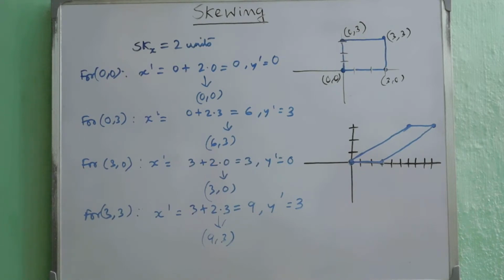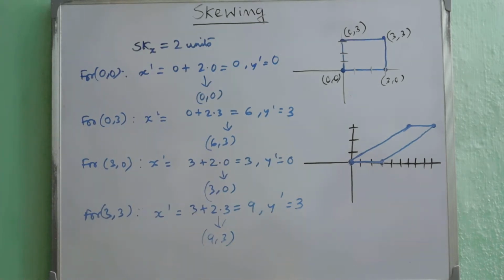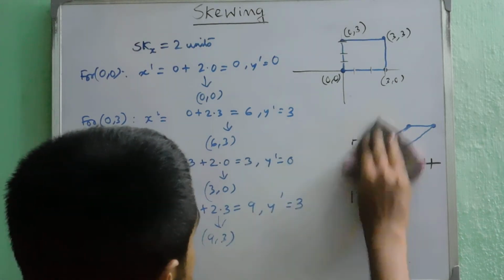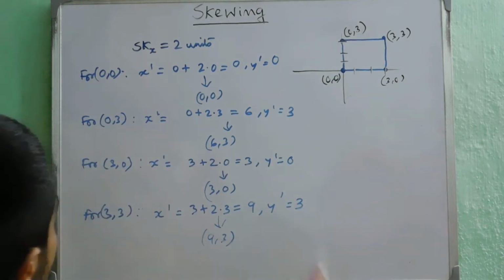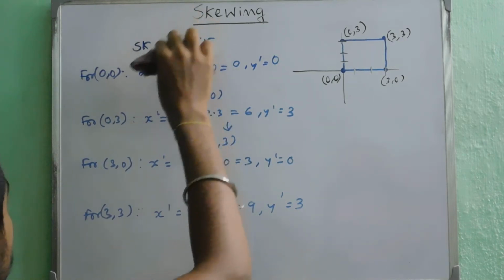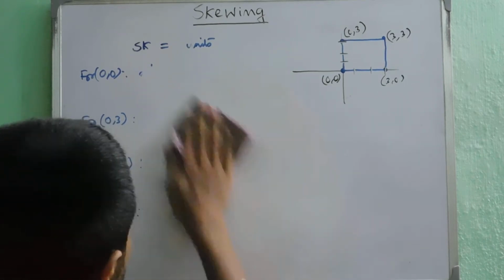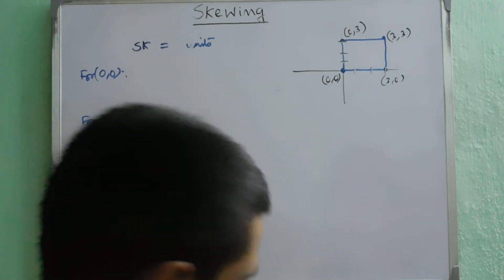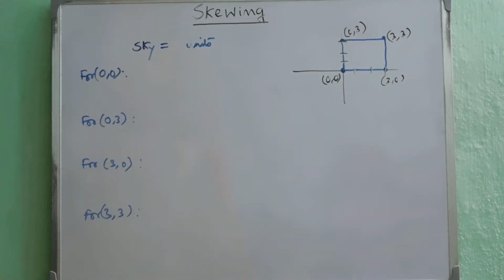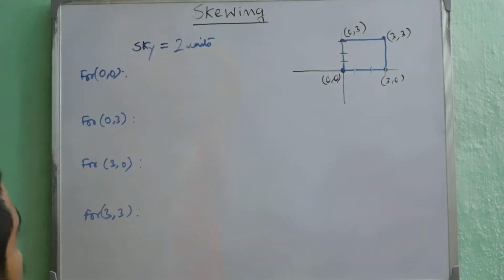Now I will be showing you the y skew, that is change along the y coordinate or the y-axis. I will let the original figure remain the same. This will be sk y, and the skewing parameter will have the same value, that is 2 units.